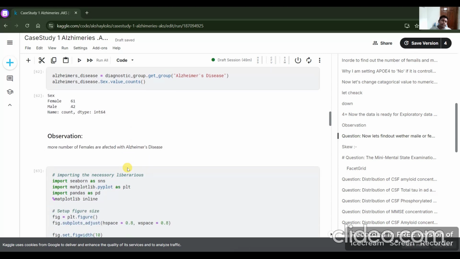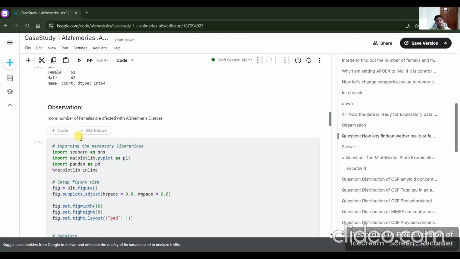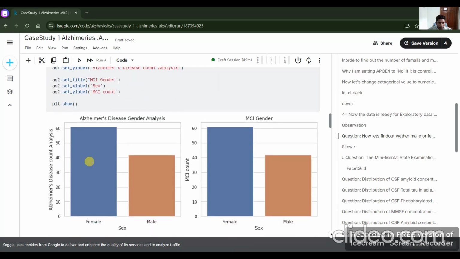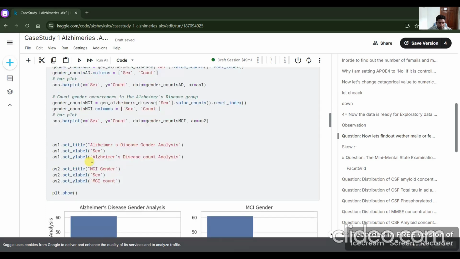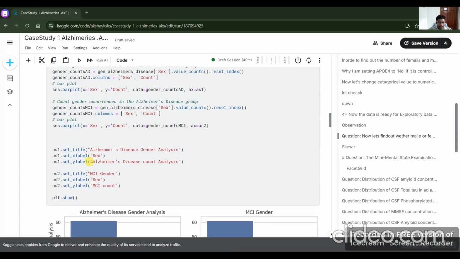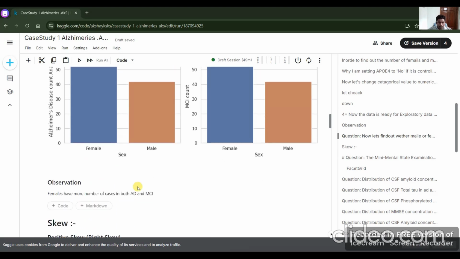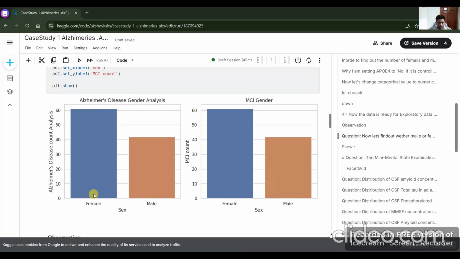Alzheimer's disease is affected, and we import the necessary libraries, seaborn and plot. Sex female, and this is the final question. Females have more Alzheimer's disease in the gender analysis.